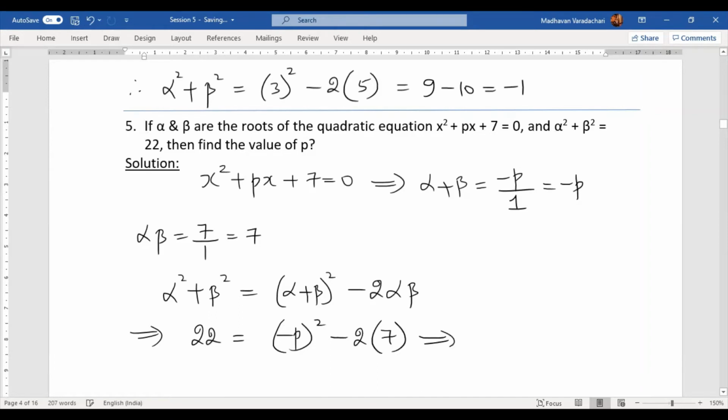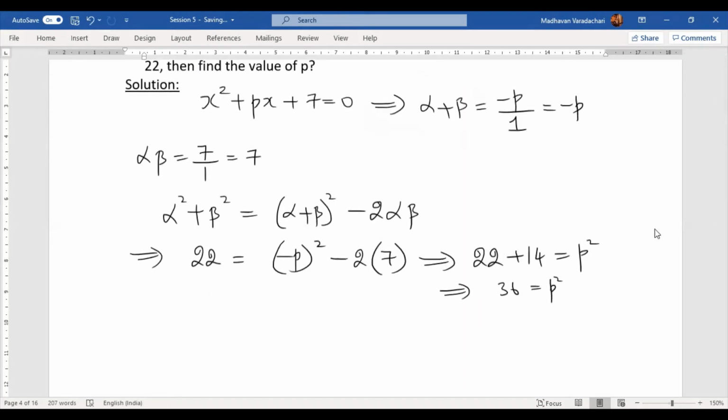So that means we will have 22, and then this negative 14, I will take it to the next side. It will become positive 14 is equal to p square, which means this is 36 equal to p square. That means p will be plus or minus 6. Value of p is plus or minus 6. Why? Because you are taking a square root of 36. That is the solution for this problem.